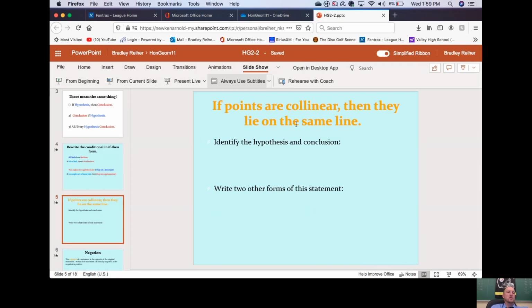Let's try one without the color coding. If points are collinear, then they lie on the same line. Identify the hypothesis and the conclusion. You can do it by underlining the hypothesis once.